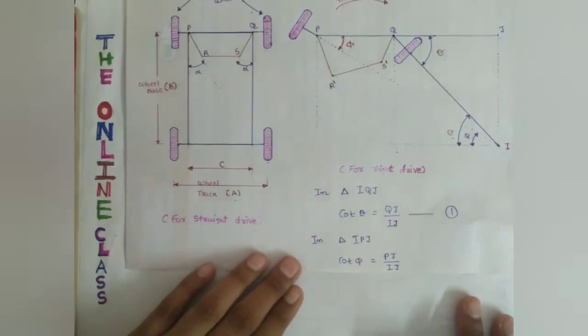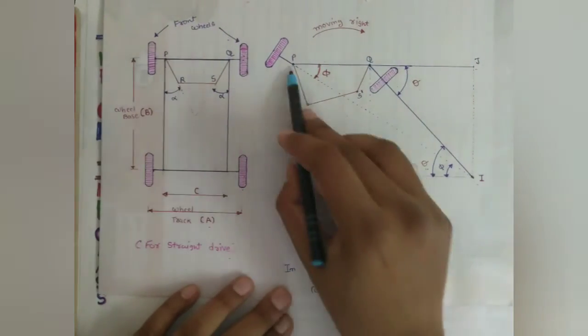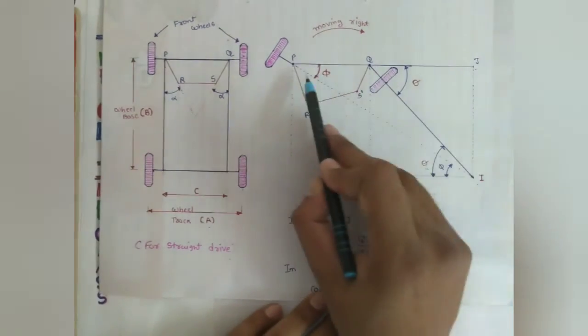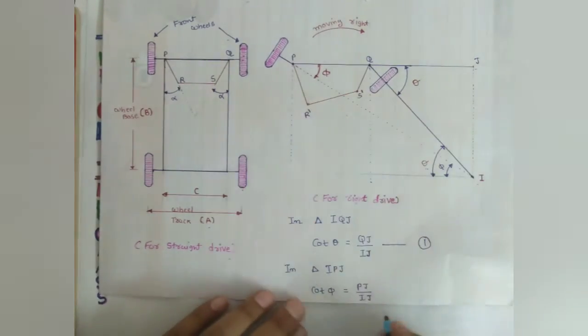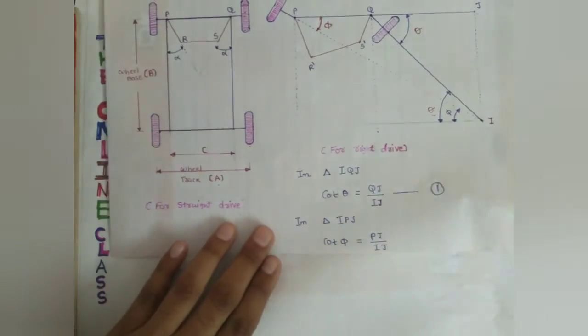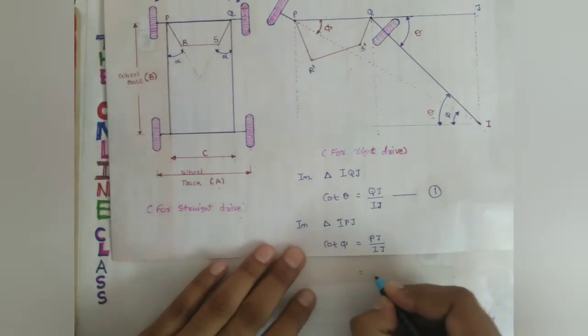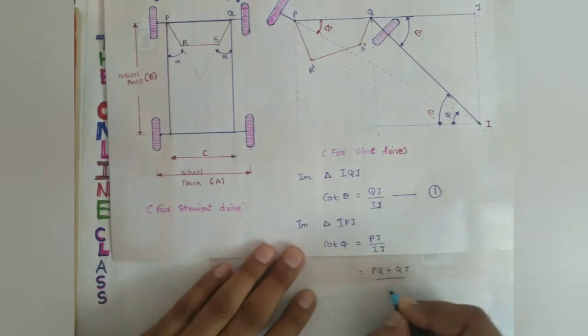What is PJ? PJ is equal to PQ plus QJ. So we write cot phi equals PQ plus QJ divided by IJ.